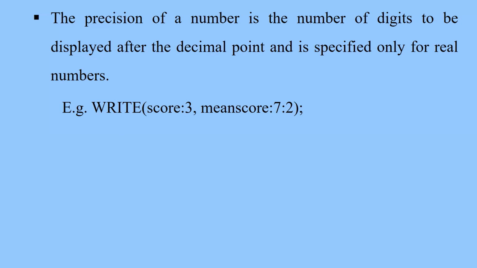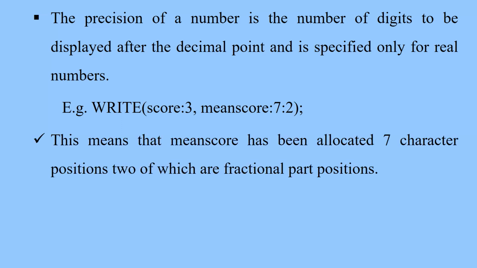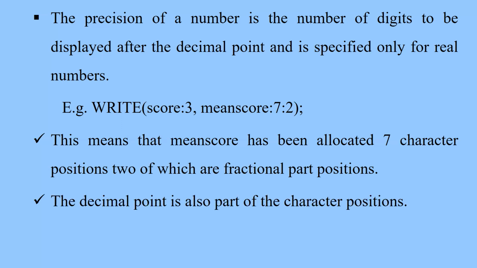And the maximum number of characters for mean score should not go beyond 7. This means that mean score has been allocated 7 character positions, 2 of which are a fractional part. So simply meaning 5 are for the whole number part, 2 are for the fractional part. The decimal point is also part of the character positions.